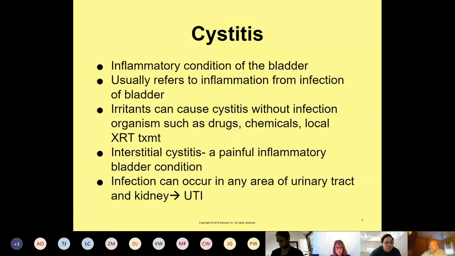All right. Now, sometimes our patients will have this bacteriuria without signs and symptoms. And when they have this condition without signs and symptoms, we refer to it as colonization or asymptomatic bacterial UTI. And you will find this commonly in older adults.